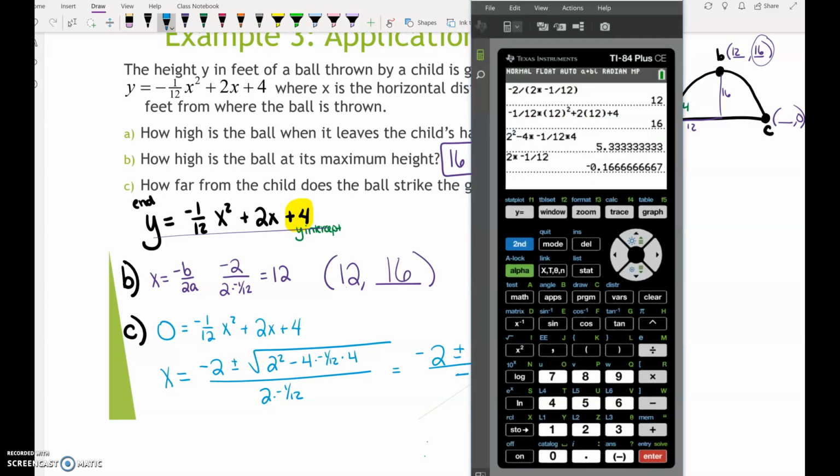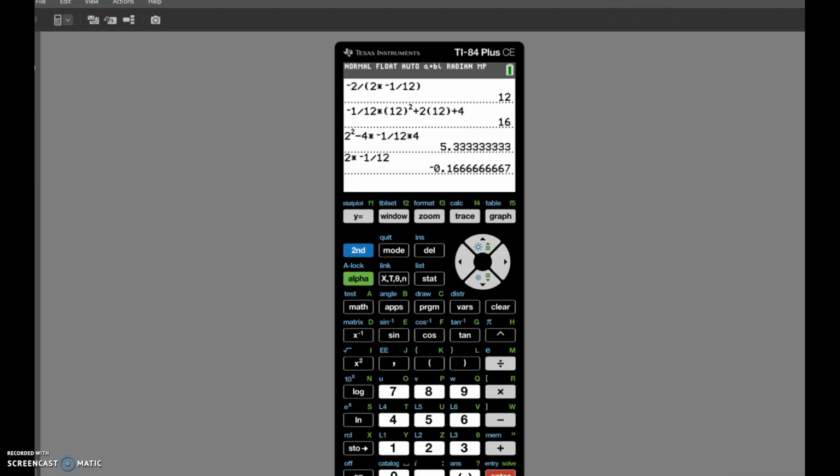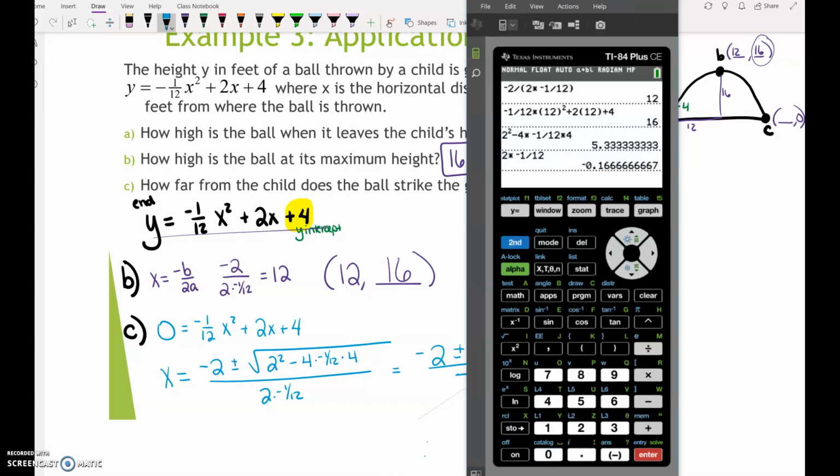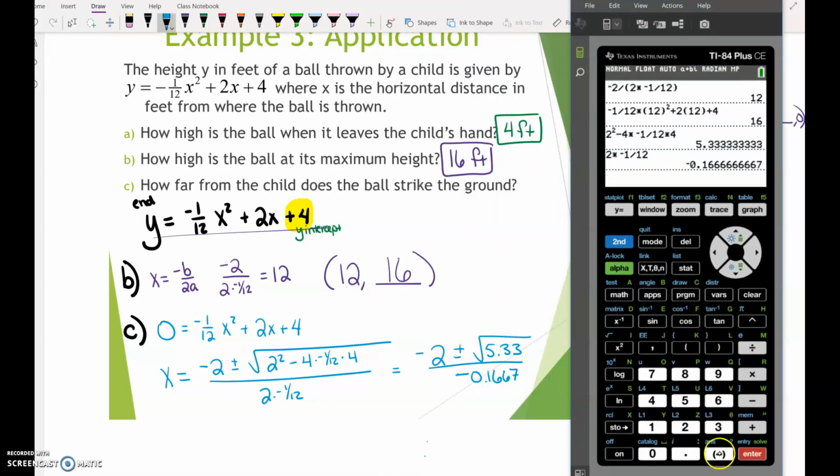Okay, so to figure this out, I would do negative 2 plus the square root of 5.3 repeated, divided by negative 0.167. I get negative 1.86. That would be negative 1.86 feet. That doesn't make sense.